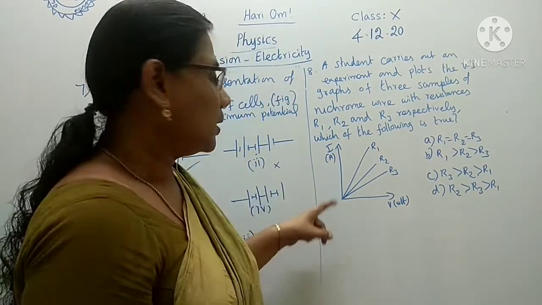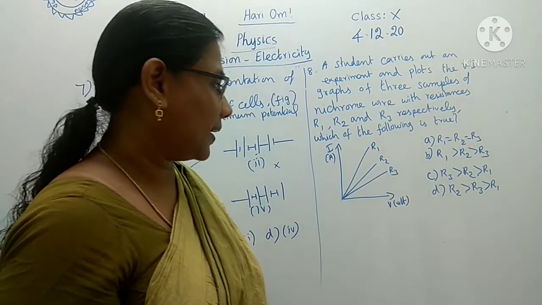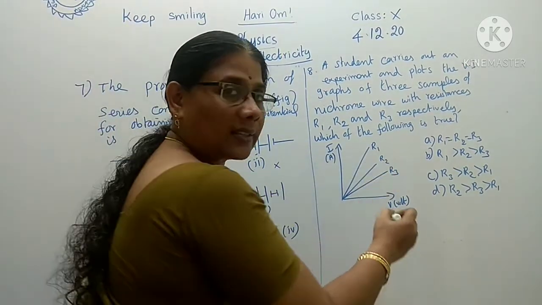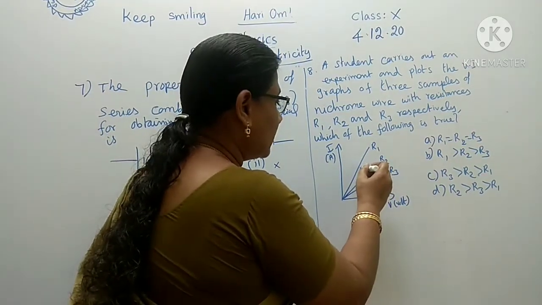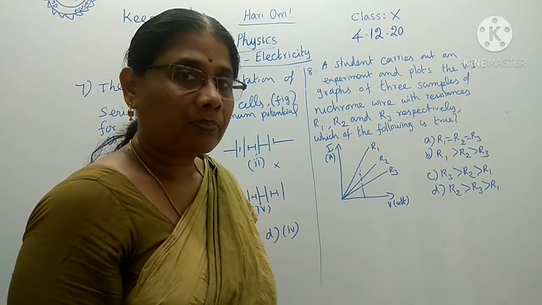Is it correct? To check which one is correct, let us take a common potential for all these curves. The potential is the same for all the curves.